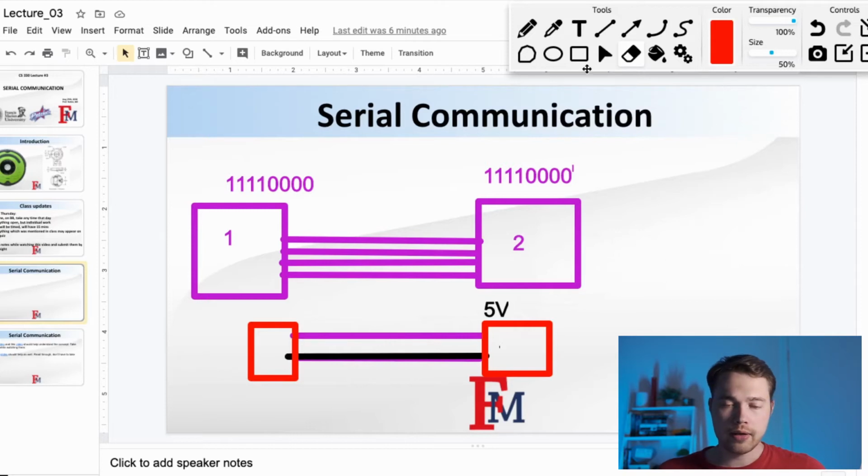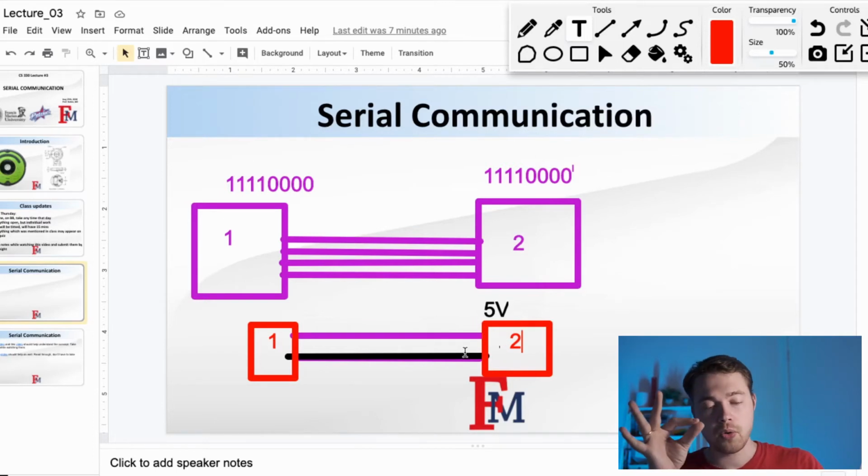So let's say I am number 1 and you number 2. If I'm sending you some data, what you have to do is measure voltage on both of these wires. If there is no difference between them, that means I sent you 0. If there is a difference, like if the difference between them is approximately 5 volts, that means I'm sending you 1. Perfect. Hope it makes sense.